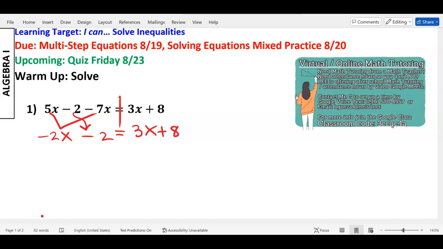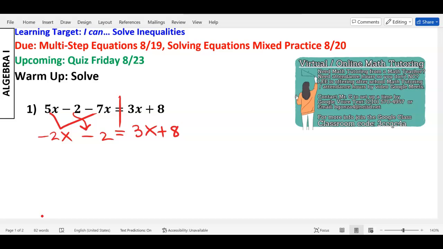Cool. Now, x is on both sides. Do I combine them or get rid of one? Who thinks we combine them? Who thinks we get rid of one? Okay, so when they're on different sides, that's when you get rid of the smaller x, okay? Which x is smaller?